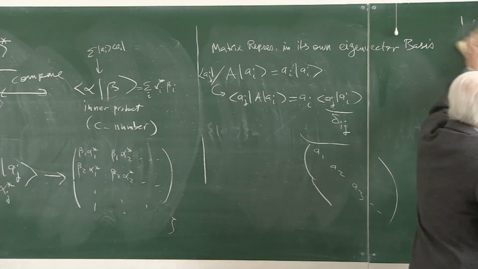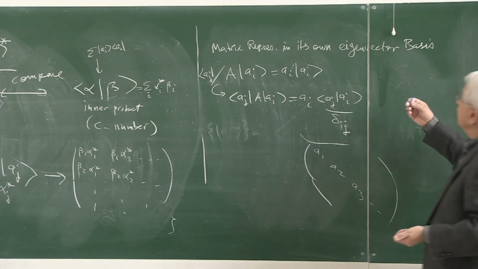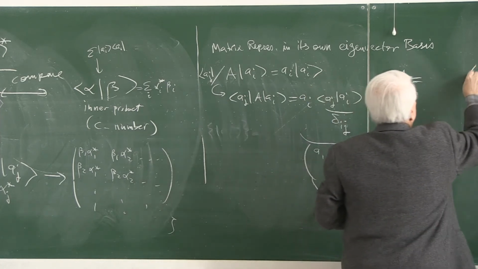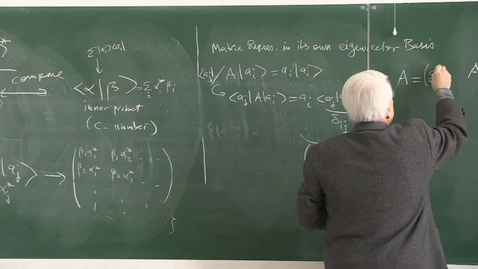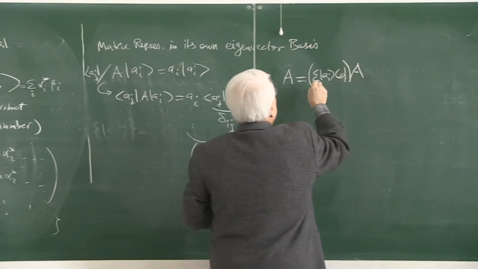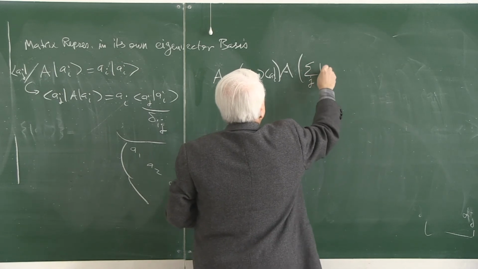So the next thing I will do is a slightly more general form of that equation. Let me write now the operator A and insert an identity from the left, sum over I of |A_I><A_I|, and insert another identity from the right.